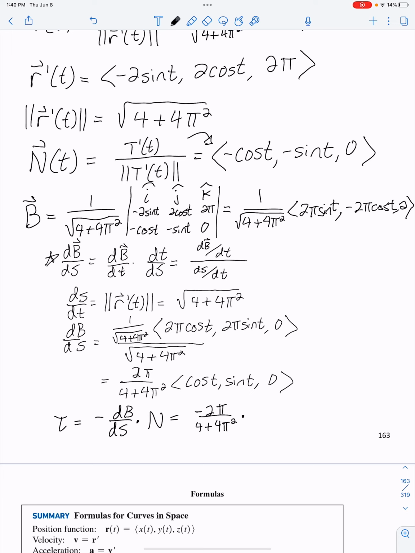All right, times our normal, or dotted with our normal, which is negative cosine t, negative sine t, 0. So torsion is equal to, okay, so it's going to be negative 2 pi over 4 plus 4 pi, and then I'm going to do the, it's not a vector anymore, so it's going to be times, let's get rid of all our negatives.